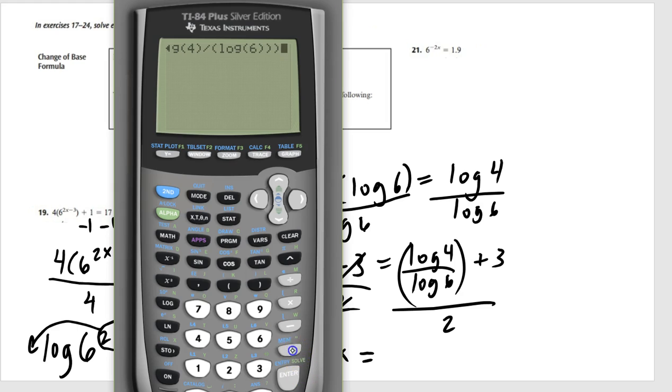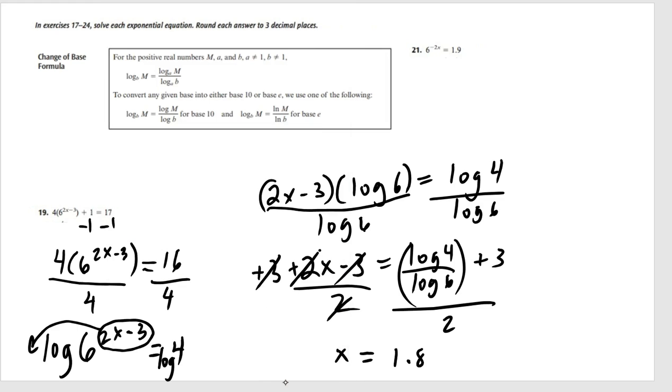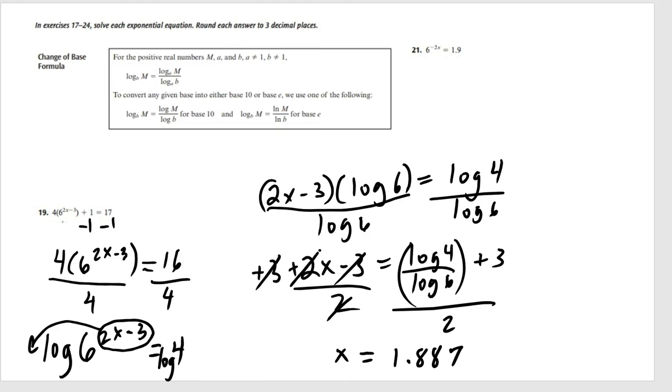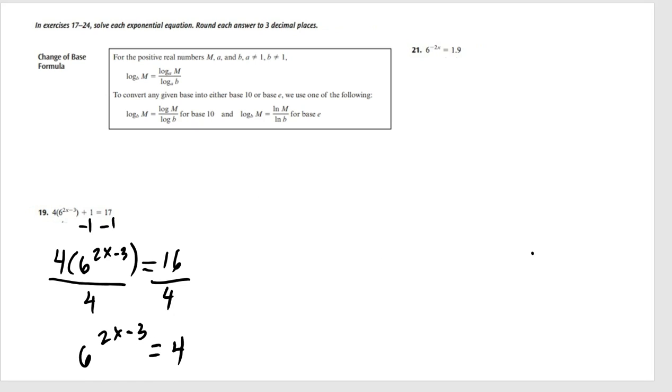And then plus 3. I'm going to enter, and then I'm going to divide by 2. And I'm going to get 1.887. Remember, these are approximations.